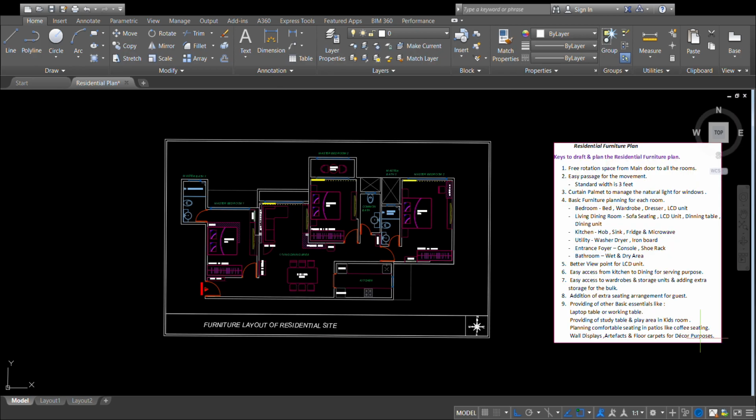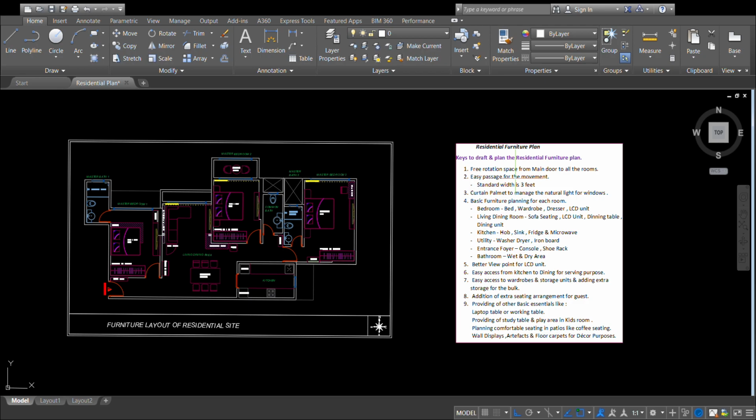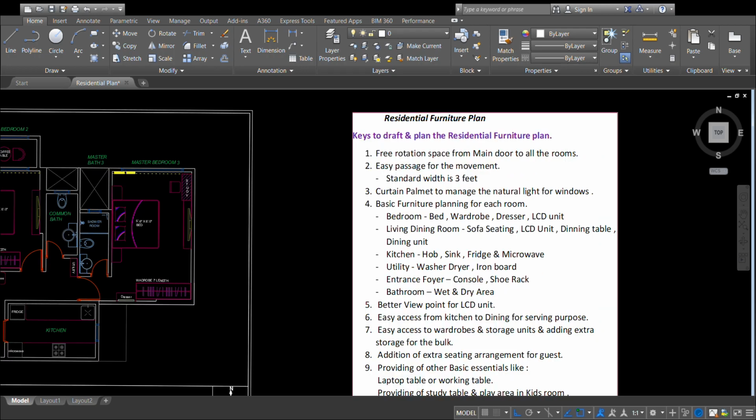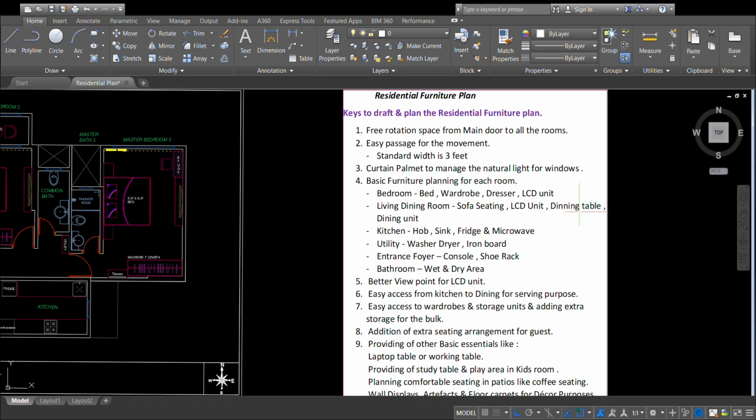So this covers these 9 points. They might look small, but they really cover many important features that you need to keep in mind while drafting the residential plan. This is really going to help you, and this will also become something like your checklist.